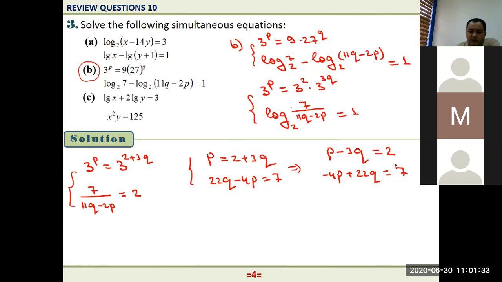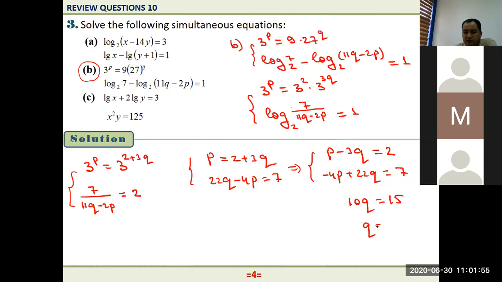So let's solve this one. Multiply the first equation by 4. Then we will have 4P, and add them together, P cancels to 0. Here we have multiplied by 3, minus 12, add them together, it is 10Q. Here we have 4 times 2, 8, 8 plus 7, that is 15.